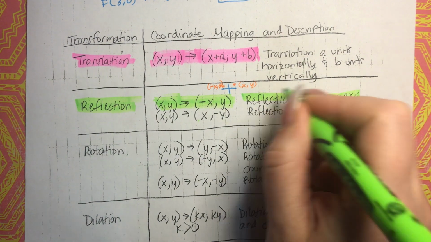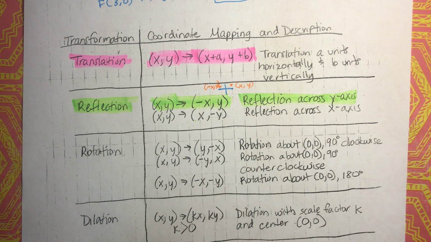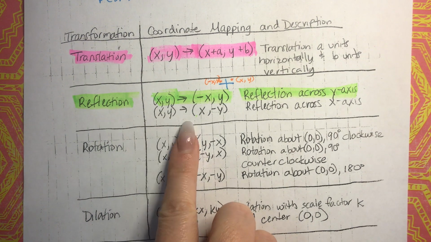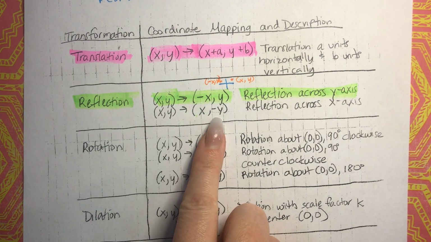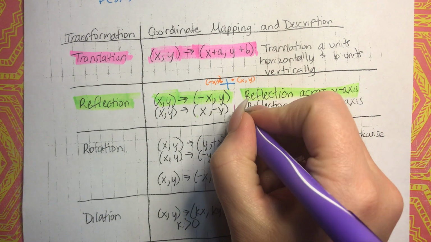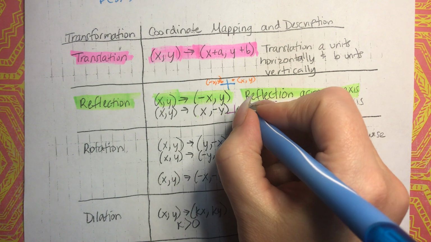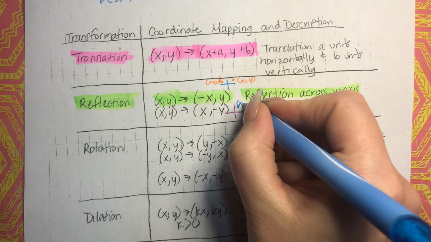So sometimes I just like to draw little points out and it helps me remember what's going on. And then if we have this one right here, XY goes to X, negative Y. Well, here we have a different axis, and we have our same point, XY.